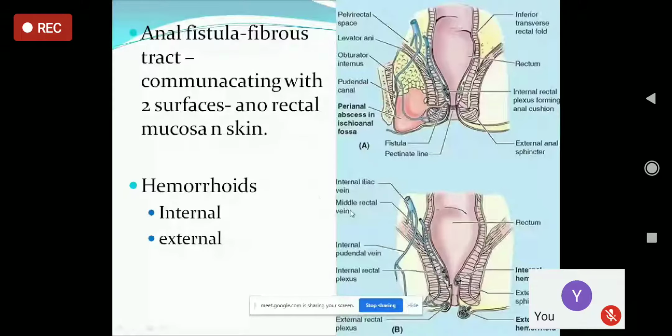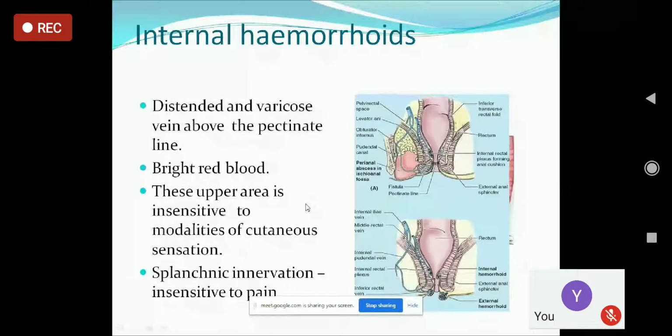Now, you must have heard about piles or hemorrhoids. There are internal hemorrhoids and external hemorrhoids. Internal hemorrhoids, look at here. These are distended varicose veins above the pectinate line. If distended, you can see bright red color.